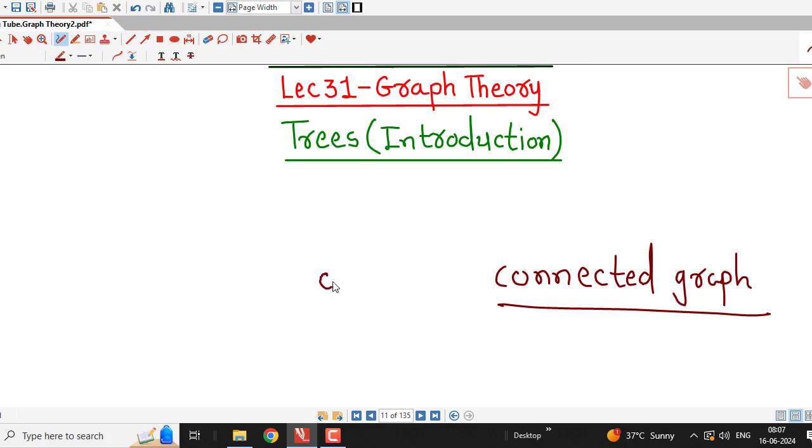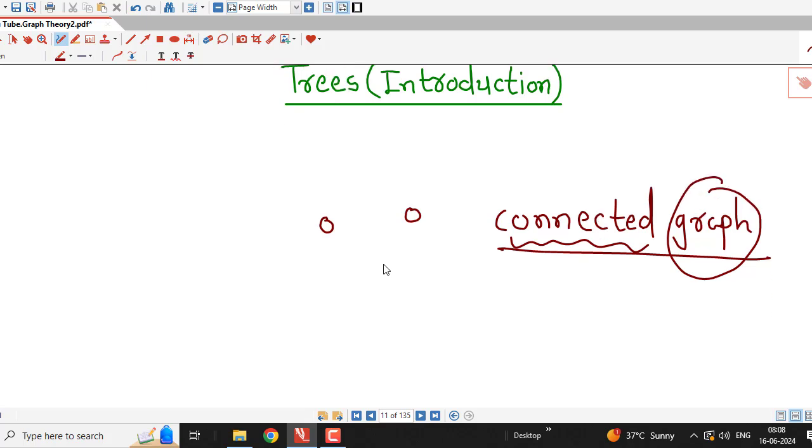If any two vertices of a graph are joined by a path, or if there exists a path between any two vertices of a graph, then the graph is called connected. So we will remember this definition. A connected graph is that graph in which there is a path between every two vertices.